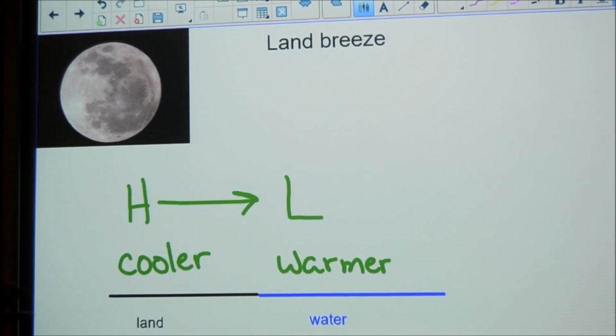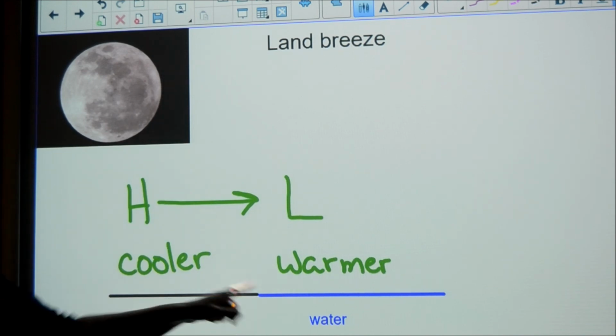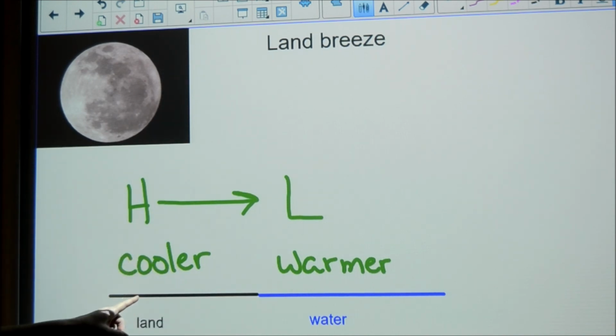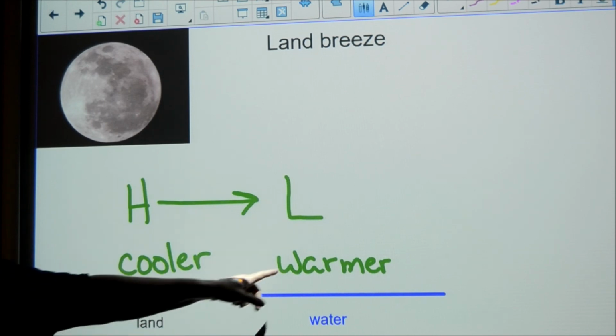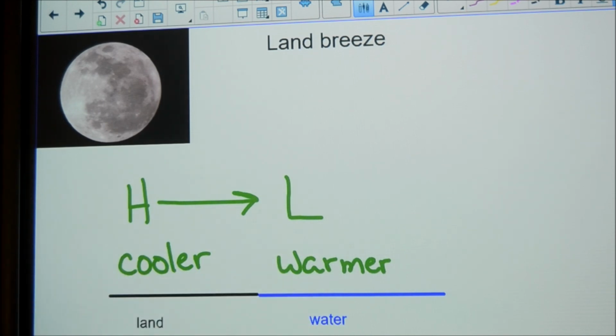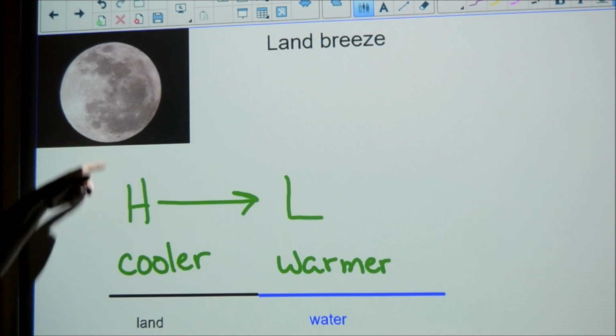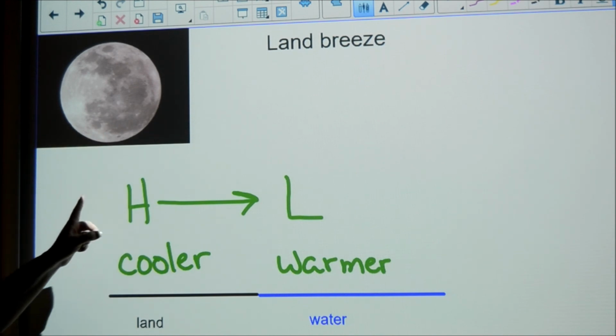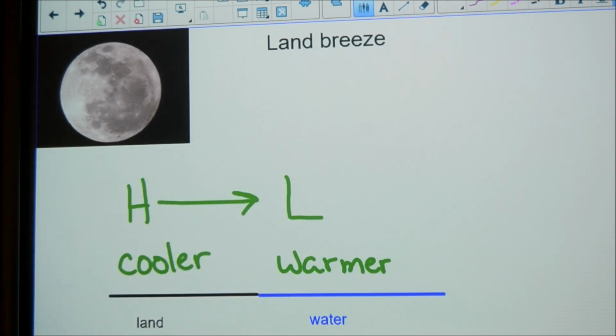Remember, land has lower specific heat, loses heat quicker than the water. So the air above it is going to get cooler than the air above the water. Temperature and pressure inversely related. Winds blow from high pressure to low pressure. Land breeze. All right, hopefully you remember all this because like I said, it's all going to intertie.